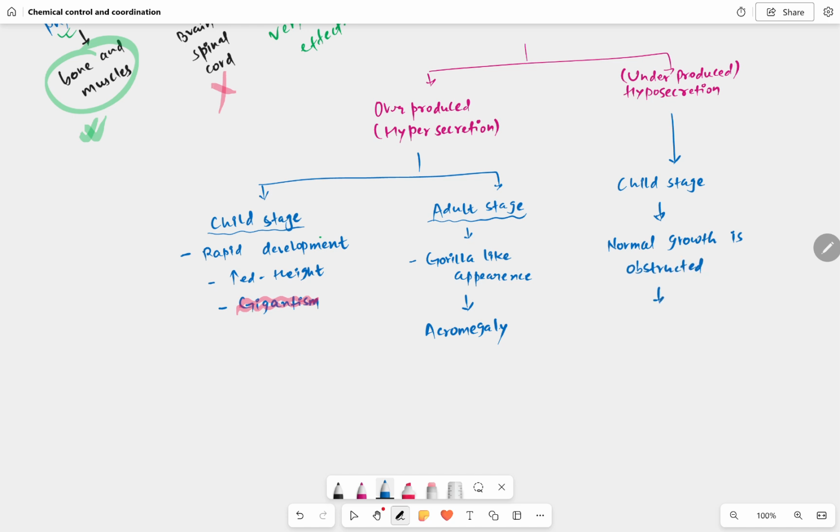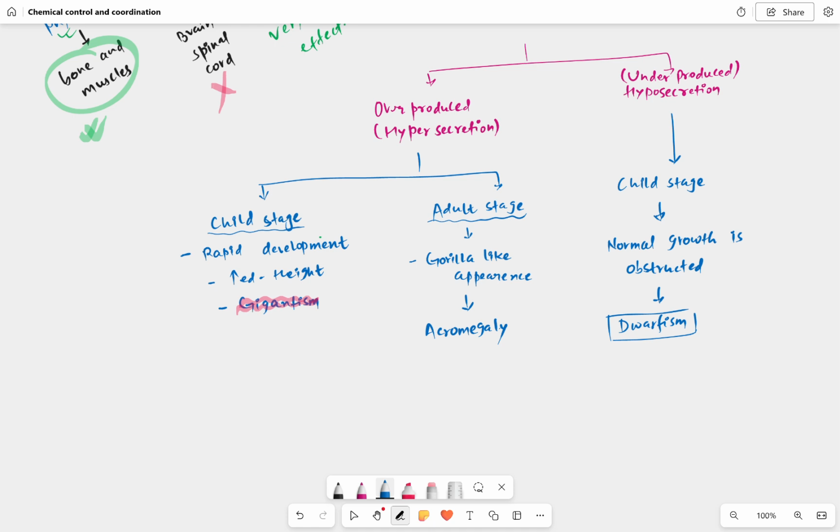The child's physical development is obstructed, resulting in dwarfism, and this is called pituitary dwarfism.